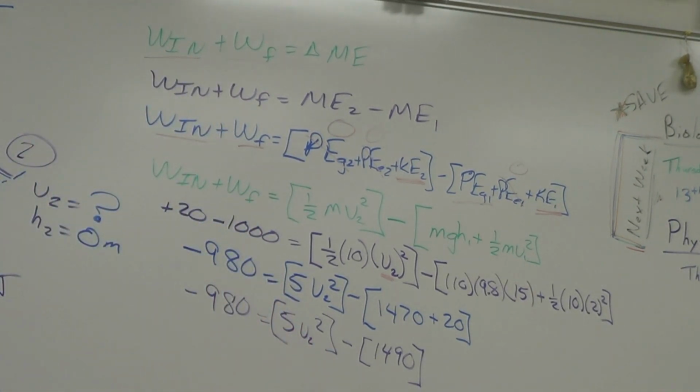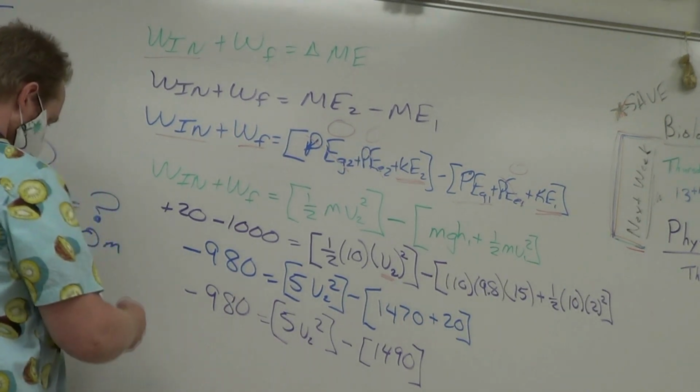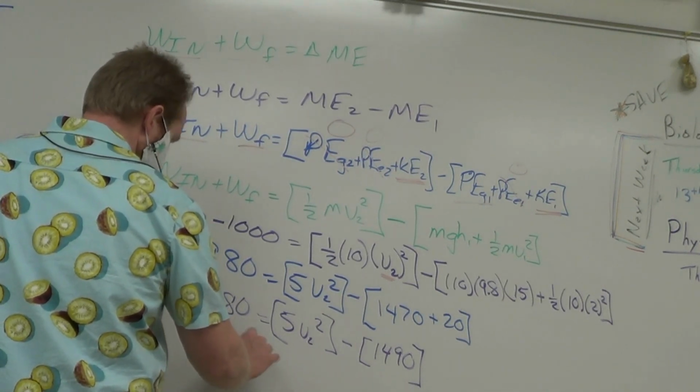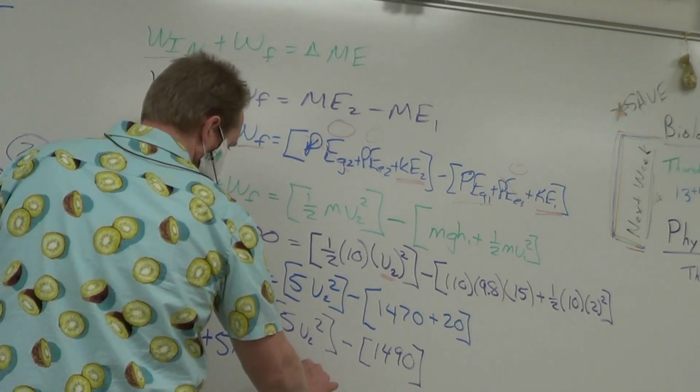So if I add 1490 to the other side, and then subtract 980 from it, 1490 minus 980, we get a value of a positive 510, which is equal to 5 V2 squared.